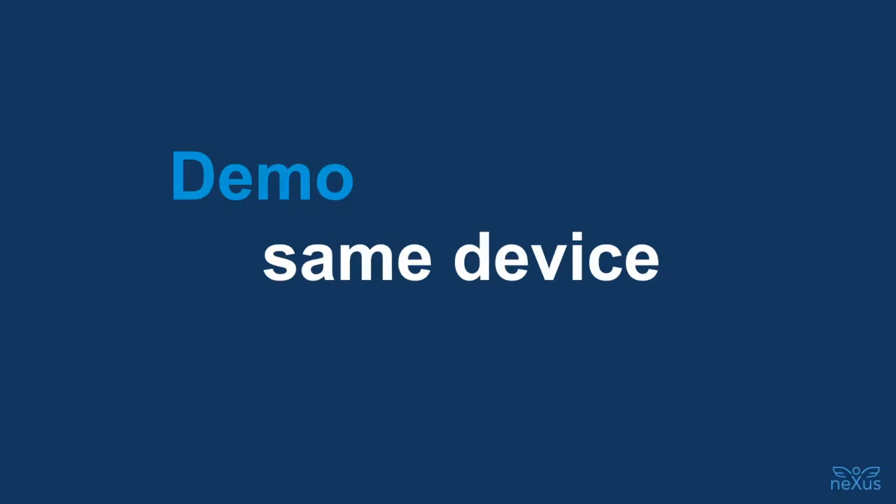So this is just to give you a very quick introduction, doing a little bit quicker demo on the same device. So in this session, I will show you how it looks if you are on the same device and you're actually wanting to access the portal and see what different applications you have available for you.